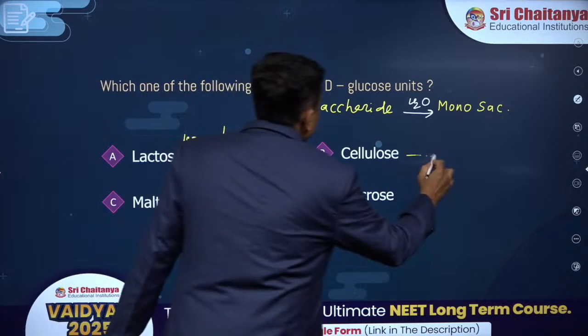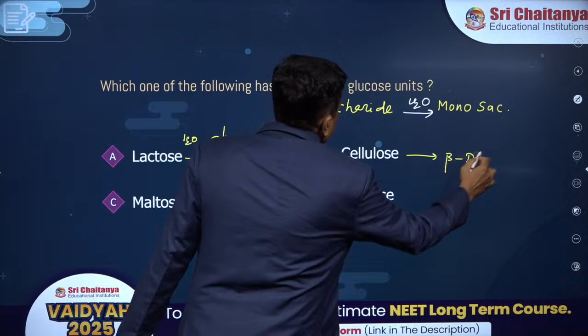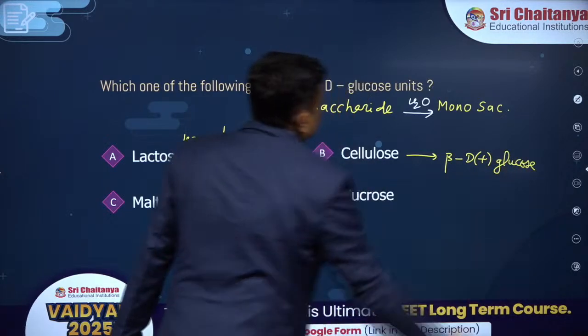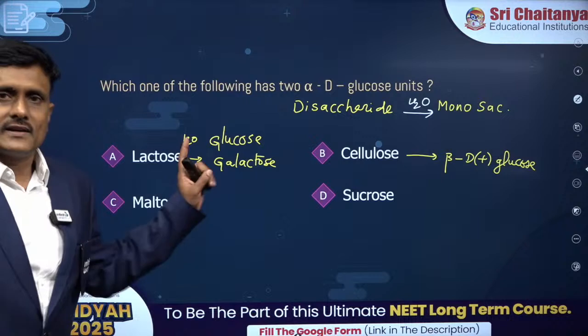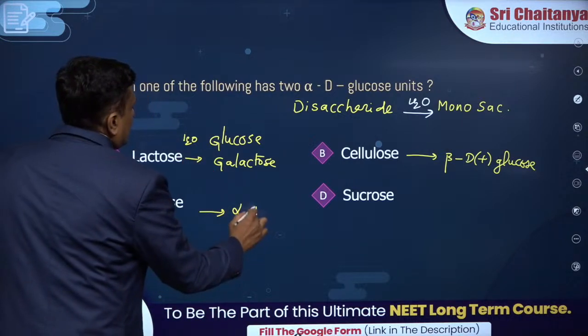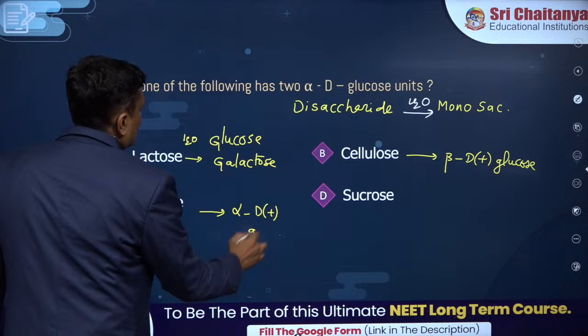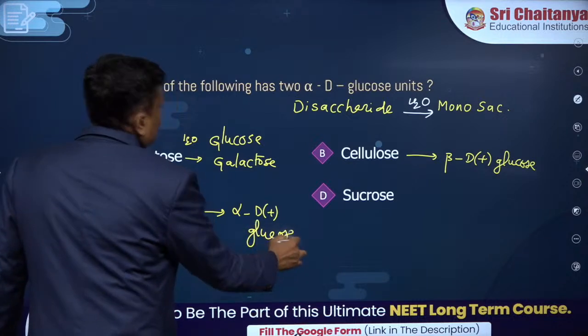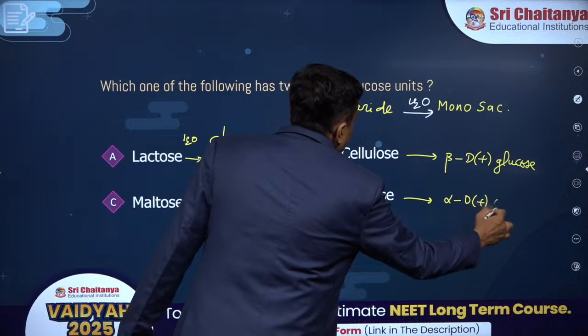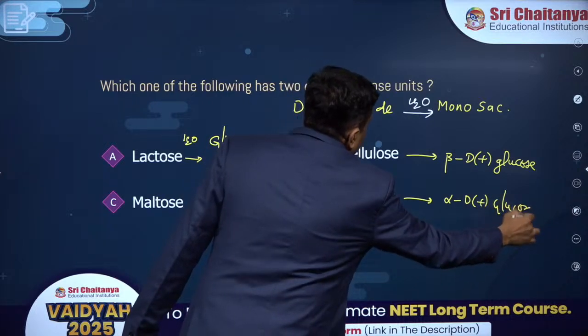Cellulose gives rise to beta D plus glucose units, not alpha D plus glucose. Maltose only gives rise to alpha D plus monomeric units. Sucrose gives rise to what? Alpha D plus glucose and fructose.